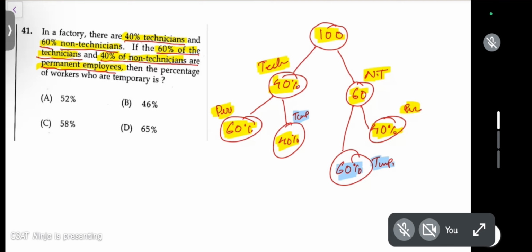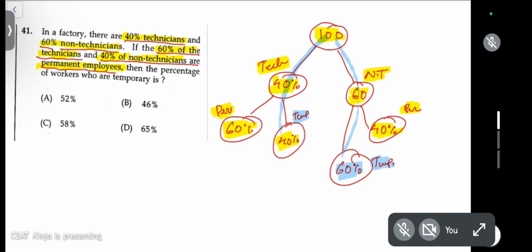So what will happen is this. I'll start from here and go this path because we need temporary employees. So let's start with that.